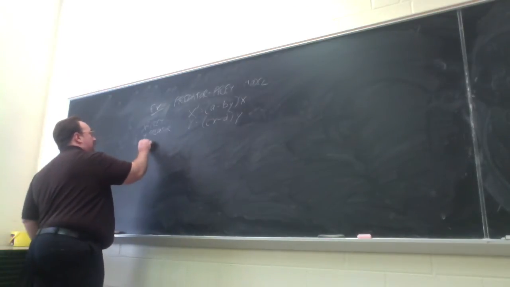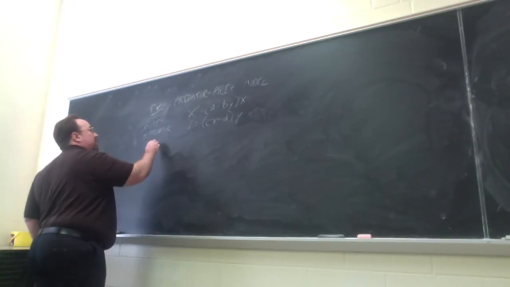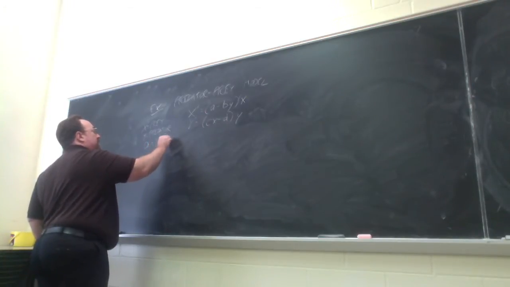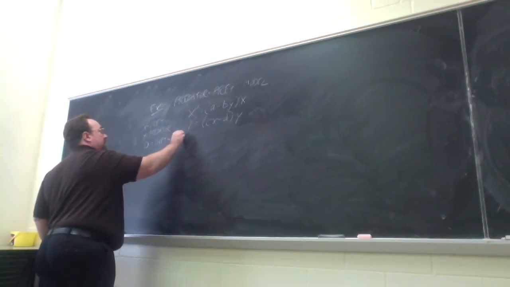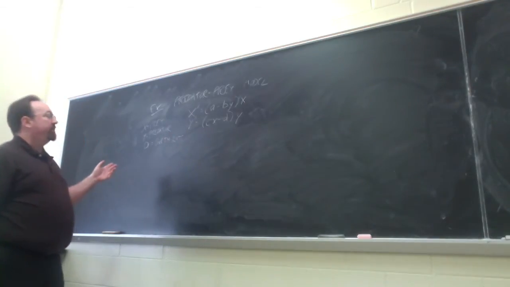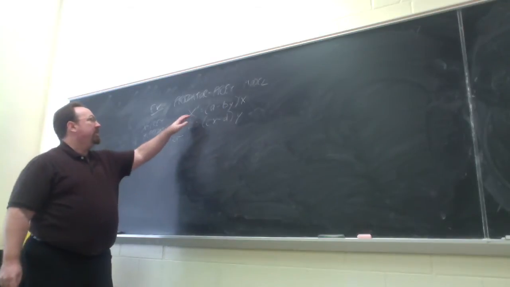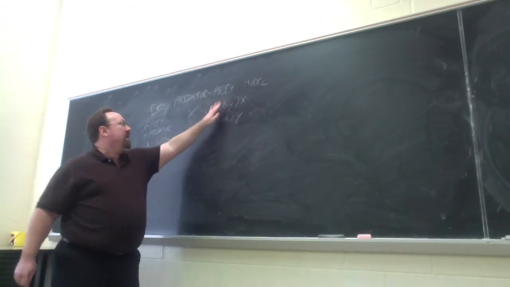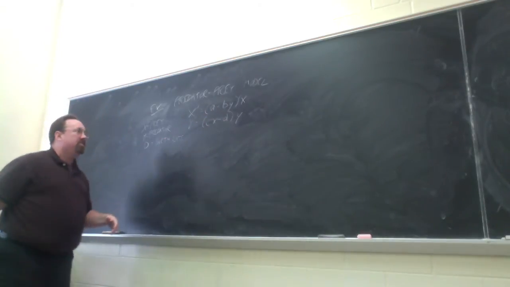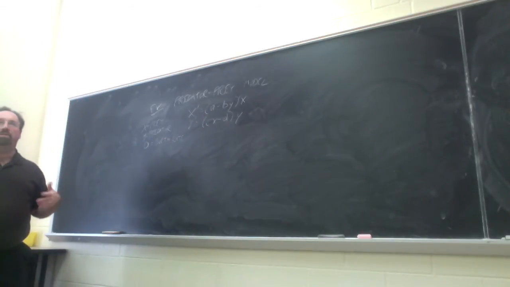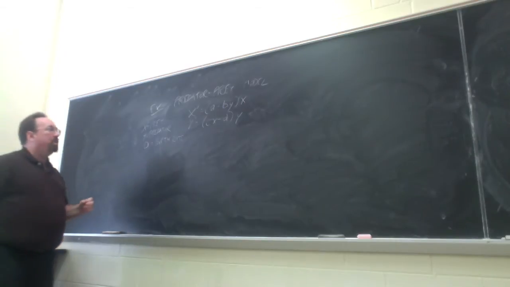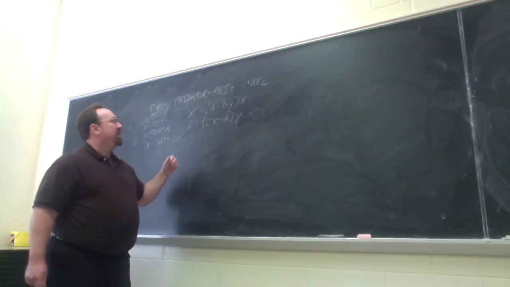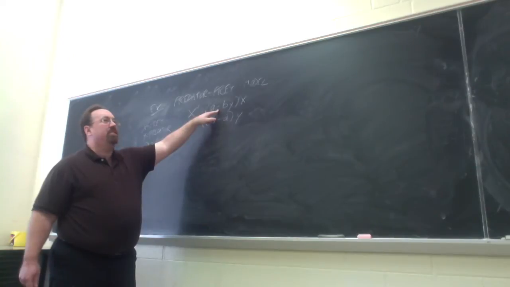A is basically the birth rate of the prey, because if you ignore the predator, if you forget about this Y term, X prime equals AX is just standard population growth, which tends to be exponential. But the term minus BY takes into account that some of the X's get gobbled up.